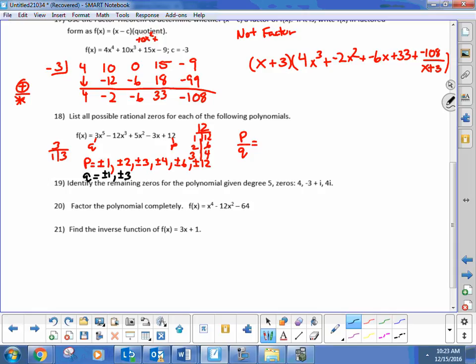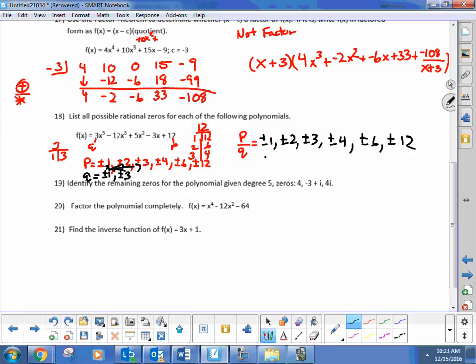So we're going to divide them all. And first of all, 1 is going to divide into all of these. So we're going to have a repetition of the list. So plus or minus 1, plus or minus 2, plus or minus 3, plus or minus 4, plus or minus 6, plus or minus 12. And then 3 is going to divide all these.